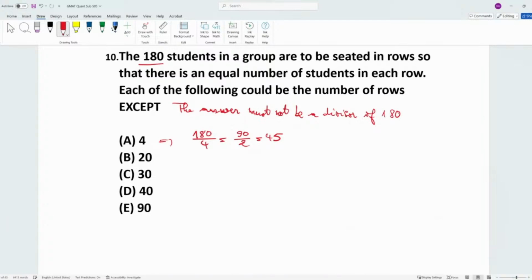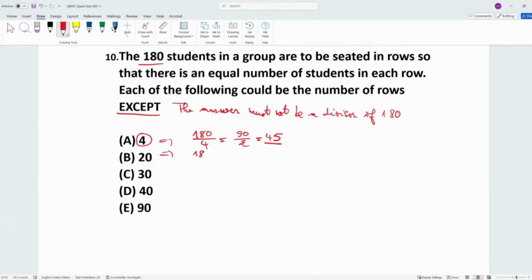So that means that if we have 4 rows, we can have 45 students per row. So this is not the answer. Remember here it's saying which of the following could be the number of rows except, so we are looking for the exception. So 4 can be the number of rows, but that means that it's not our answer.